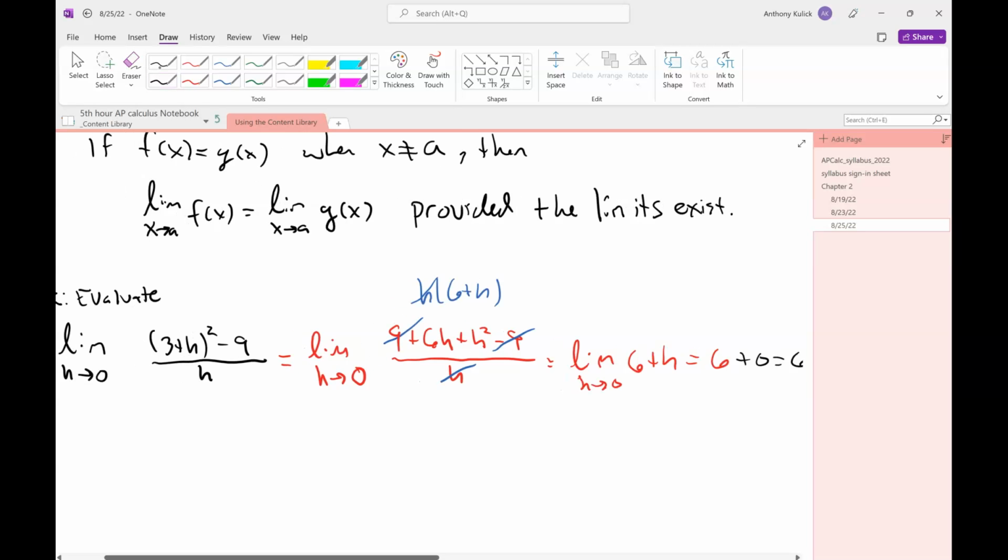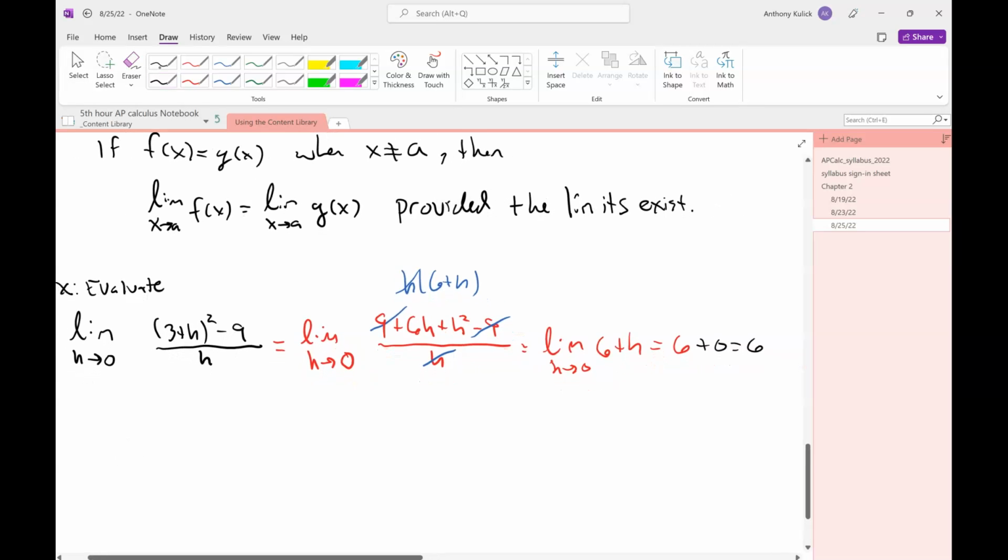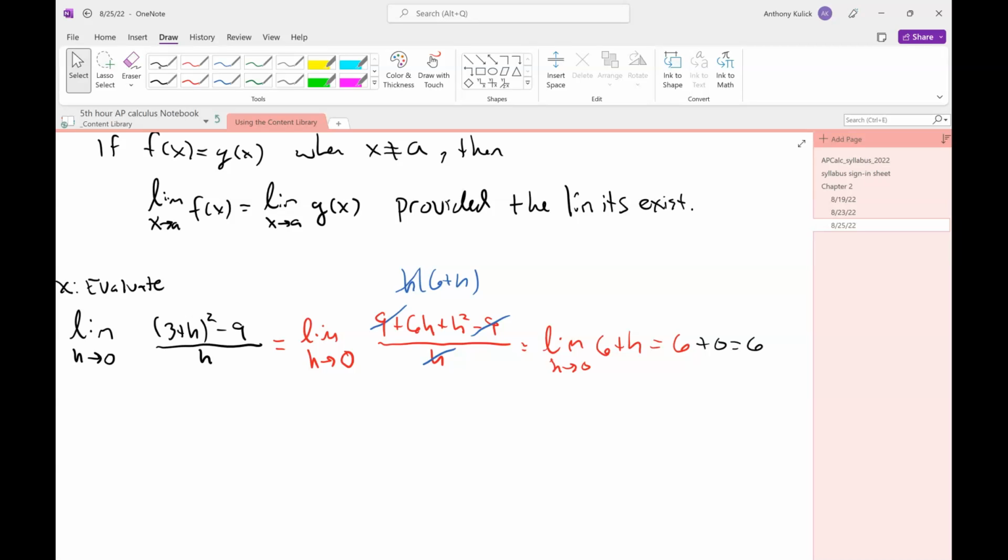Can you use direct substitution if the number's not 0? You can use direct substitution if the value you're plugging in is in the domain of the function. But 0 is not in the domain of that starting function, right? Because if I plug 0 into that, I get undefined. So I couldn't use direct substitution to start. I had to do something else.